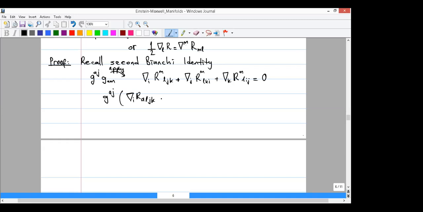Just lower the m indices in all covariant derivatives, equal to 0. Then also apply this inverse metric.